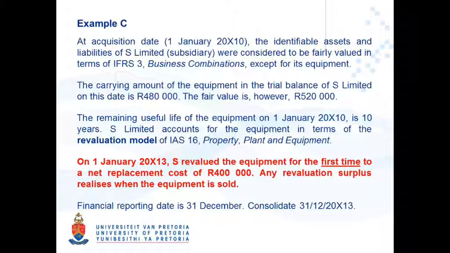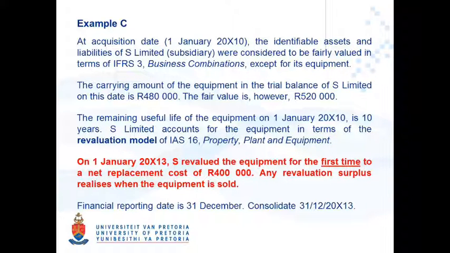On 1 January 2013, S revalued the equipment for the first time to a net replacement cost of 400,000 Rand. Any revaluation surplus realizes when the equipment is sold. The financial reporting date is 31 December, and we're going to consolidate 31 December 2013.